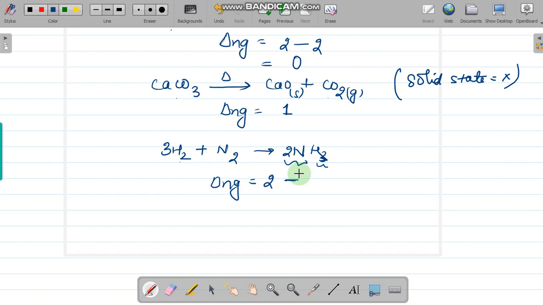Okay, so how many moles has it become? Just solve it and provide me the answer.